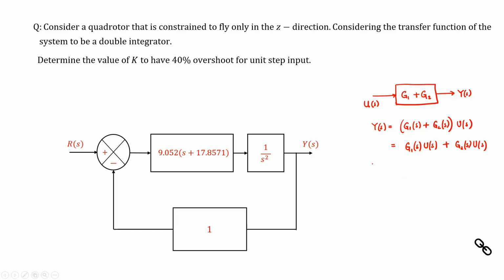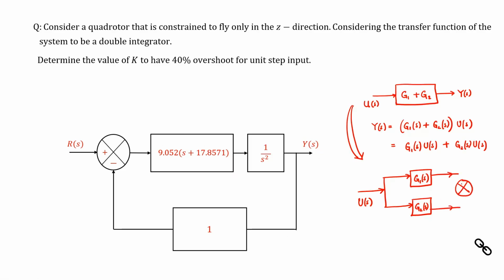So, in other words, I can redraw this block into these two parallel blocks, which is say G1(s) and G2(s) in parallel, where they are taking input as U(s). U(s) is the input to these two parallel blocks, and then the output can be summed up this way, and this becomes your Y(s).